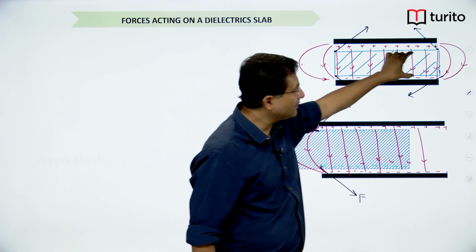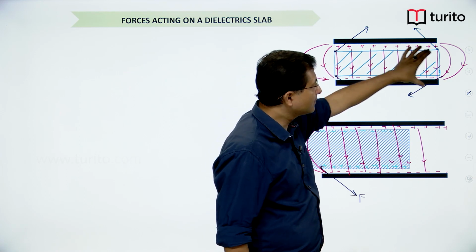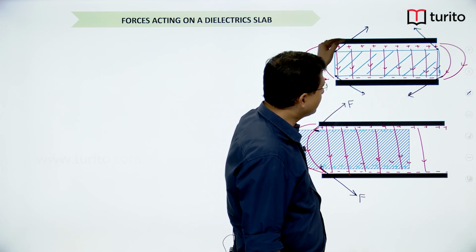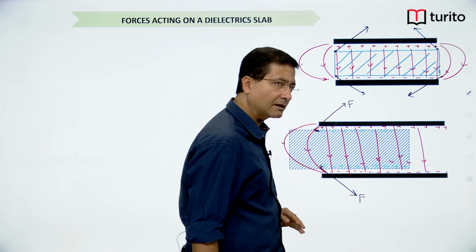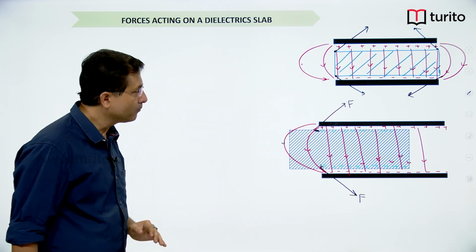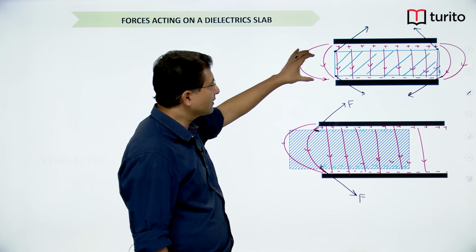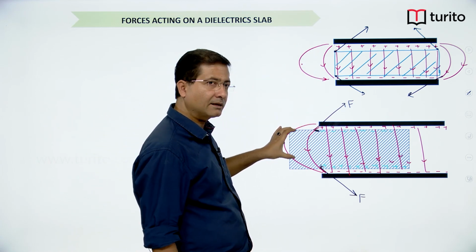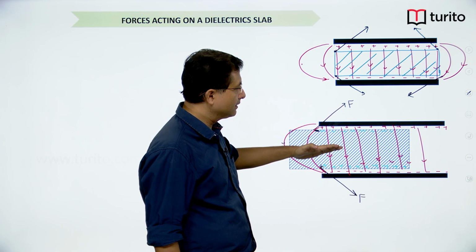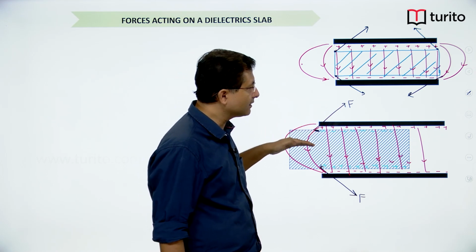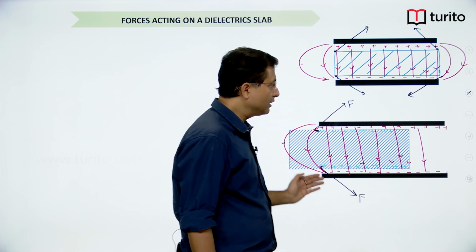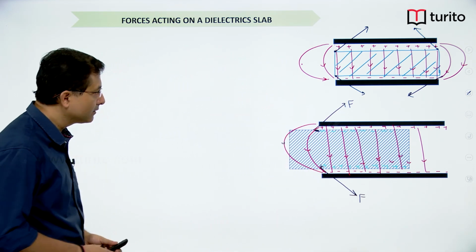If it is well inside, then the force coming from this side and from this side get cancelled out, and it is not experiencing any net force in this direction, right. But if it is not placed symmetrically, the force coming from this side is not balanced and that resultant will pull the slab into the gap, right.